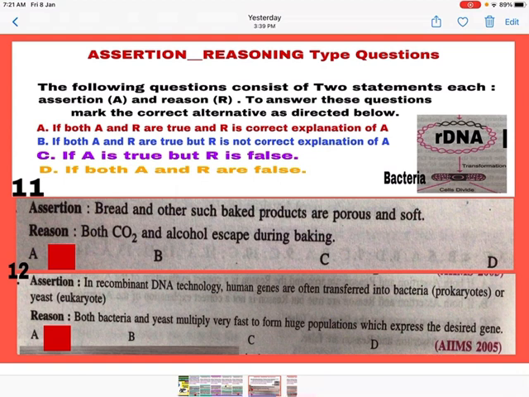Correct statement है ये। आप देखिए ऊपर डायग्राम में देखिए एक रिकॉम्बिनेंट डीएनए दिखाया गया है जहां पर प्लाज्मिड के साथ एक जीन ऑफ इंटरेस्ट को मिक्स कर दिया गया है और रिकॉम्बिनेंट बनाया गया है और इसको इंट्रोड्यूस किया जा रहा है बैक्टीरिया के अंदर। So this is the correct statement. Okay, reason देखिए, both bacteria and yeast multiply very fast, yes बहुत फास्ट मल्टीप्लाई करते हैं। As a result what happens, huge population is formed which expresses the desired gene. This is the correct statement and correct reason। हमें डिजायर्ड जीन्स की बहुत सारी कॉपीज मिल जाती हैं यहाँ पर। Okay, so here A is correct, R is correct and R is the correct explanation for A, so mark A.